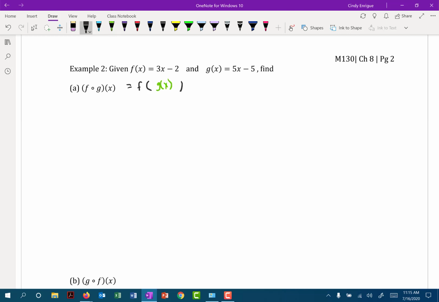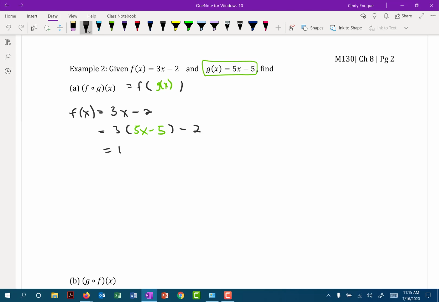So you're just like, okay, well, I know that my f of x function, the function on the outside, is going to equal 3x minus 2. So now I'm going to put parentheses where I'm going to plug in my value for x, and here I'm going to plug in my entire g function. So this is my g function. So I'm going to plug in a 5x minus 5.